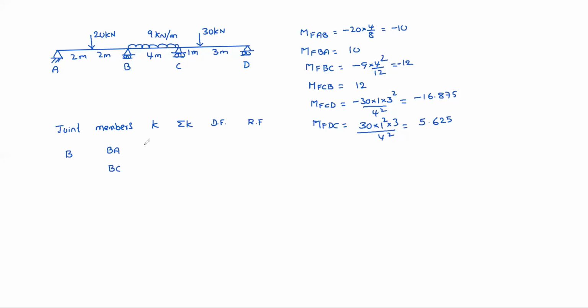Stiffnesses: BA stiffness 3A by 4, BC 4A by 4. Summation 3 by 4 plus 4 by 4 is 7 by 4. Distribution factor is 3 by 7, right?